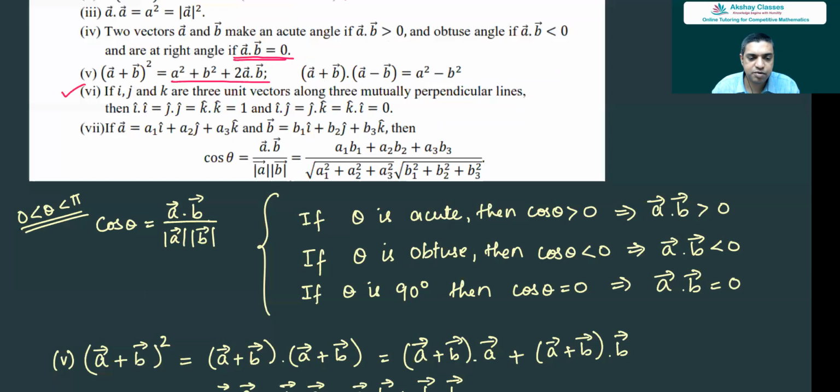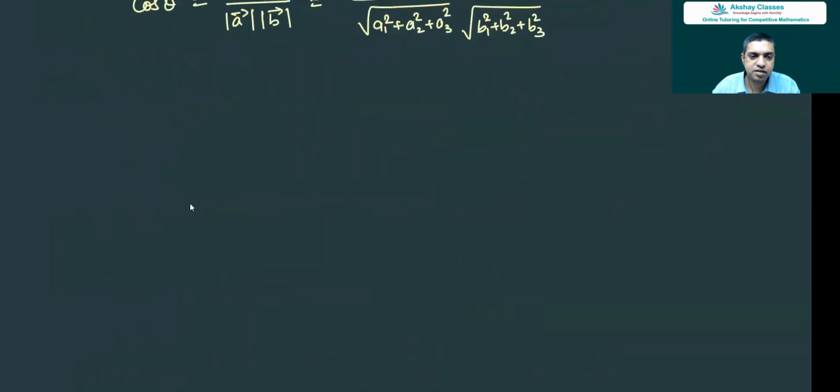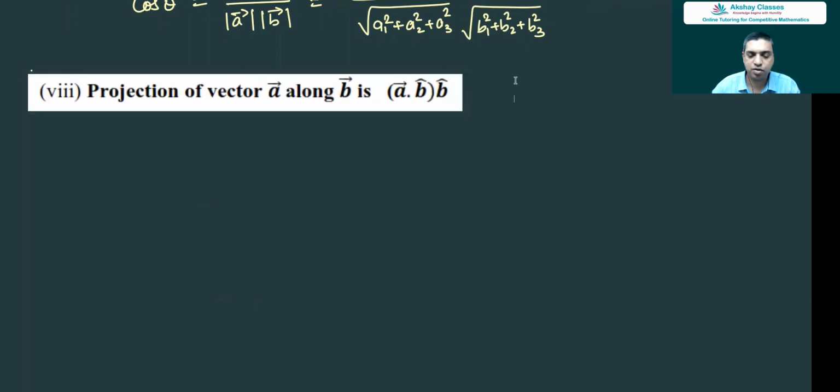It's just a statement here, but it means very important because we keep doing this all along. So projection of vector A along B bar is A dot B cap times B cap. How is this so?